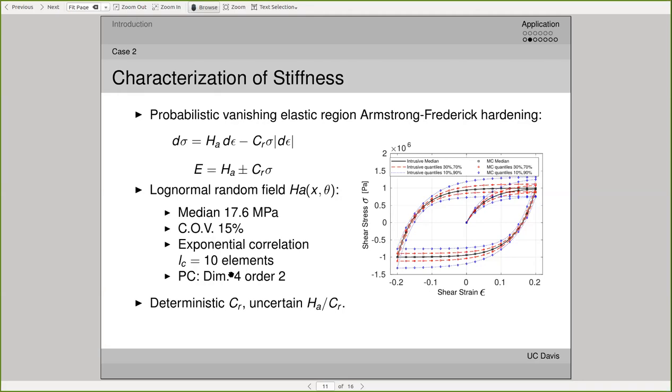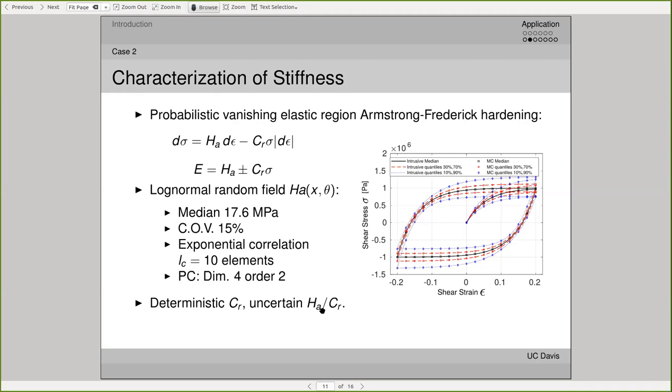Eventually we determine that for such a log normal random field HA, we need to use a PC dimension 4 and order 2 to quantify that. In this case, we use the deterministic CR so that we can have an uncertain strength, because the strength for this model is controlled by HA over CR.